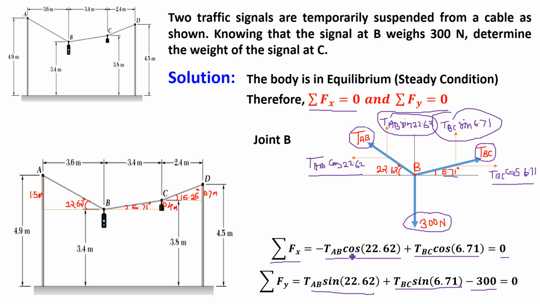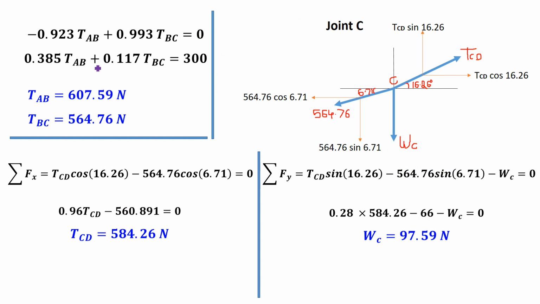Now if you find the cos and sine values, these two equations simplify like this: 0.923 tension AB minus 0.993 tension BC equal to 0. This is the first equation. Then 0.385 tension AB plus 0.117 tension BC equal to 300. That is the second equation.